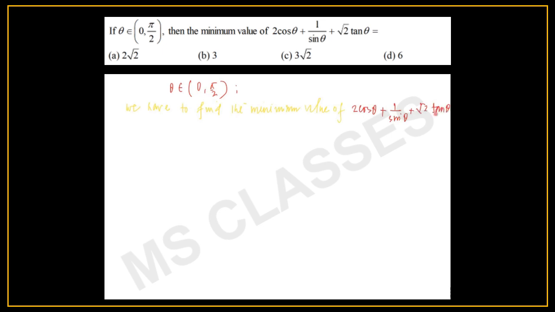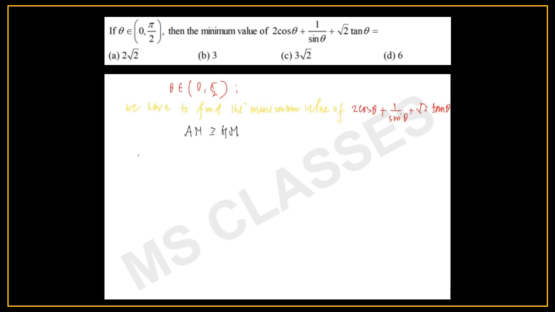So this is what we have to find, the minimum value of this expression. Now all of them are positive values. Why? Because theta is an acute angle. Once we know they are positive quantities, we can apply AM greater than equal to GM.